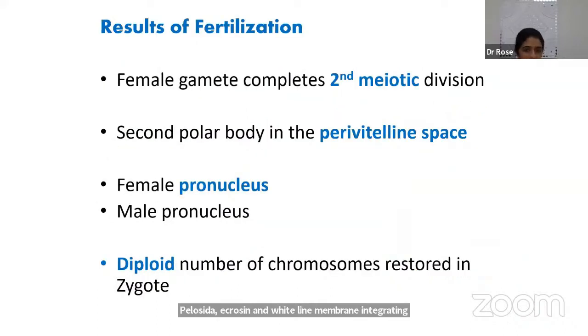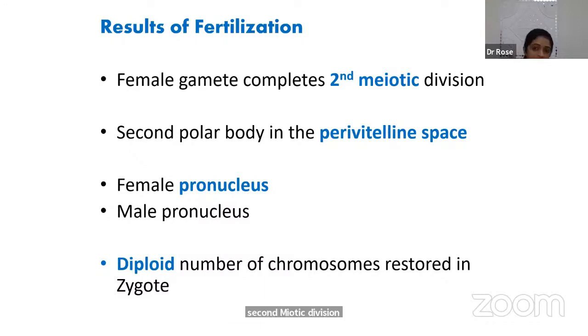Now the results of fertilization. When an oocyte is fertilized by a sperm, the female gamete completes the second meiotic division. That is the point where the second meiotic division is completed, and only after it will you get the second polar body released into the perivitelline space.